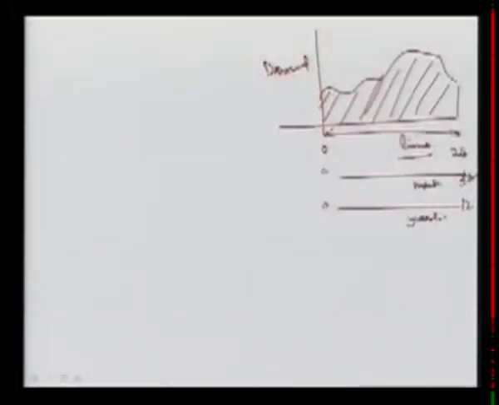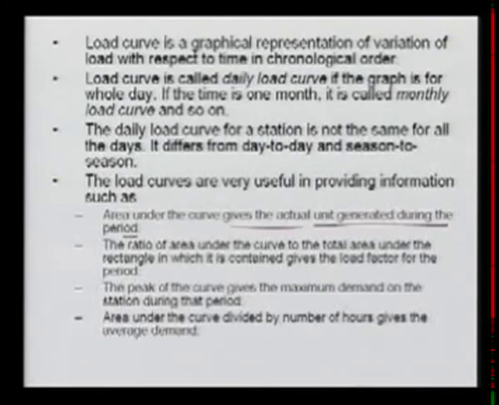The peak gives the maximum demand, which I have said, and we can also calculate other things, like the ratio of the area under the curve to the total area of the rectangle in which it is contained, which gives the load factor of the period.